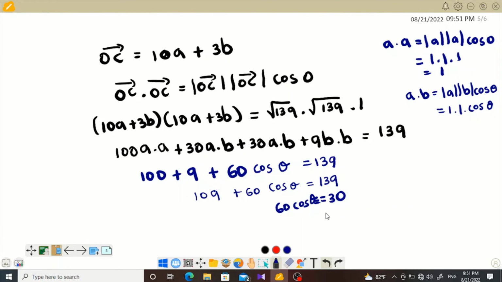So I'm going to divide both sides by 60, then I can obtain cos theta is half. If cos theta is half, I can say theta is 5 by 3 in radians, or 60 degrees. So we have shown that the AOB angle is 5 by 3.